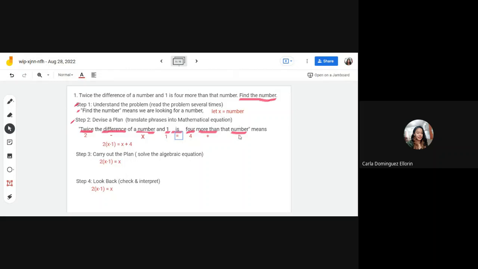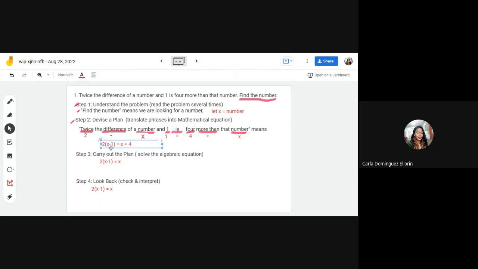When you write this into a mathematical equation, you write first the last one, the number. The same is true for less than. So, write first what is at the end. That is the rule. So, x plus 4. You write is, that is equals, and then x plus 4.